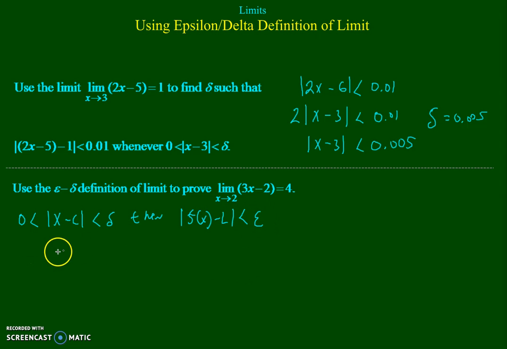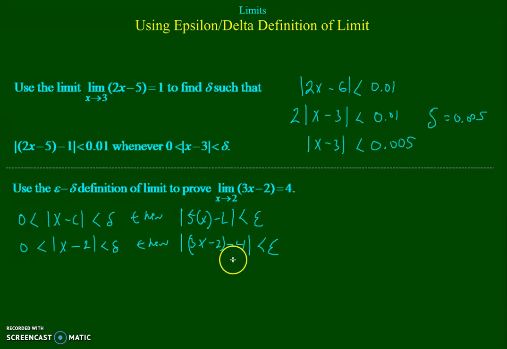So putting in our values here, we know if 0 is less than the absolute value of x minus 2, which is less than delta, then the absolute value of f of x, which is 3x minus 2, minus L, which is 4, is less than epsilon.